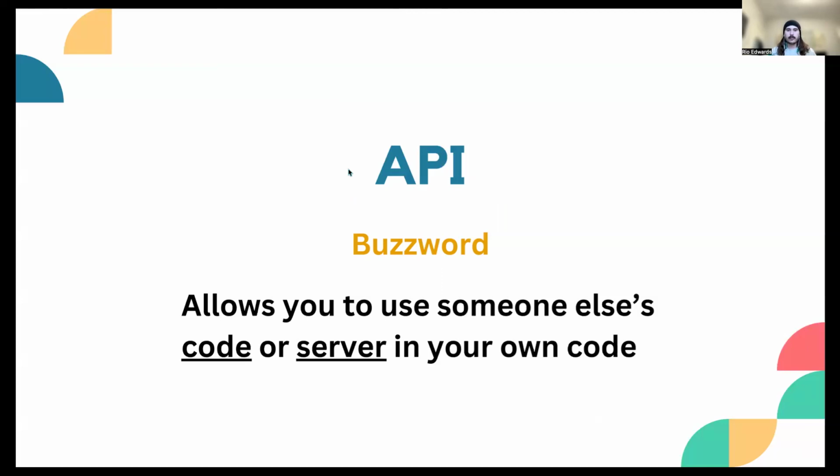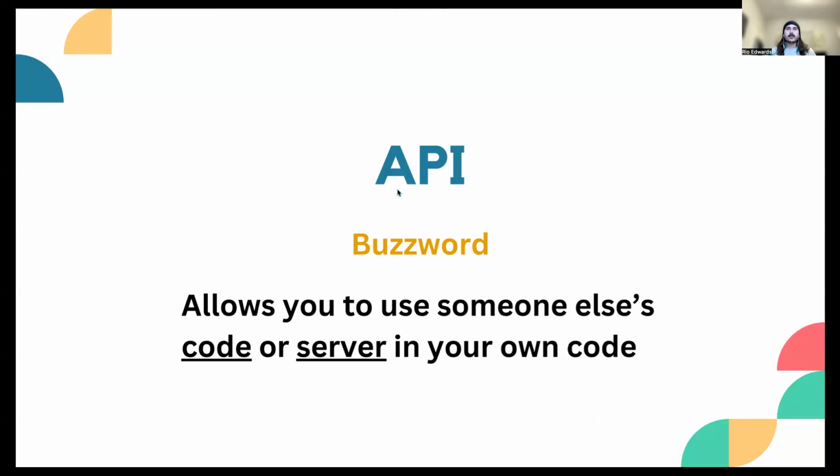Airtable has an API. Google has one, or a bunch probably. Even OpenAI, the company that makes ChatGPT, has their own API, and so you can send ChatGPT requests to their backend straight from your application.